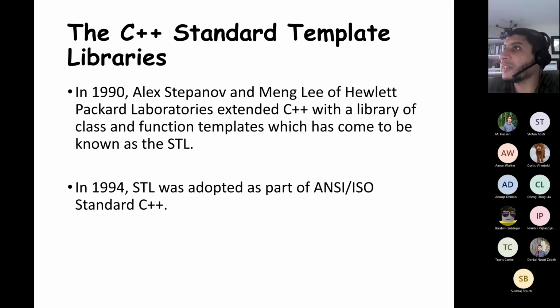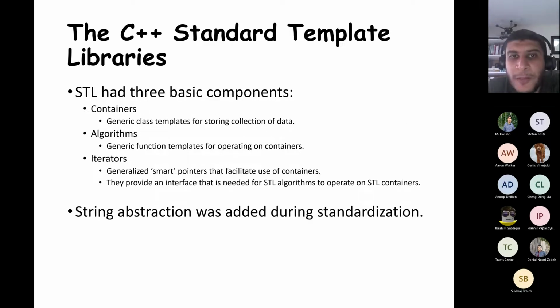Those two engineers used the template concept to implement different known algorithms and data structures and released them as part of the C++ library. Good. And then four years later, this was adopted as part of the C++ standard, so it comes with every single C++ tool chain.